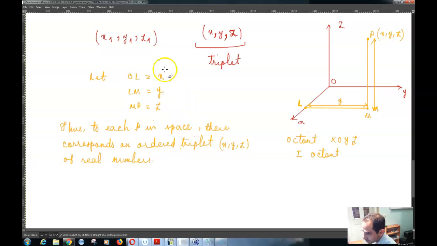And then conversely, if you have a triplet, we said that you can locate that point in space. So conversely, given any triplet XYZ, you can first find the OL distance related to this triplet, the point L on the x-axis corresponding to x.